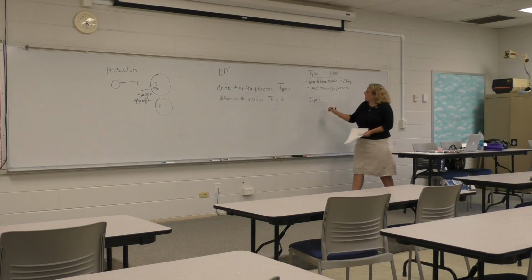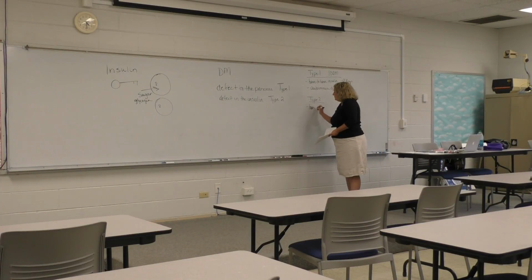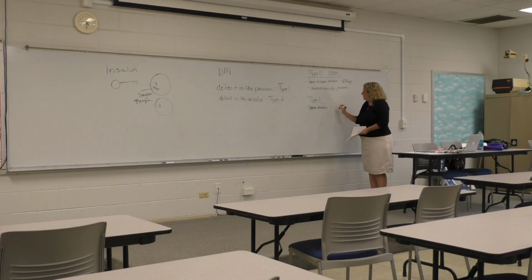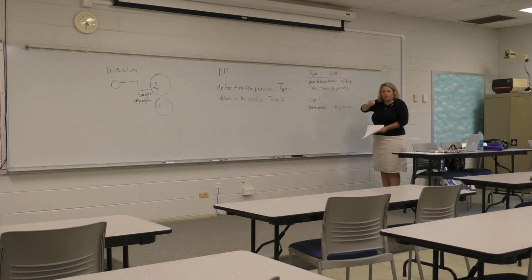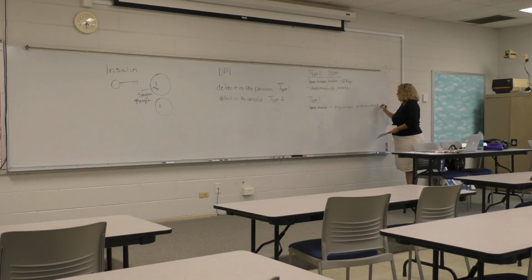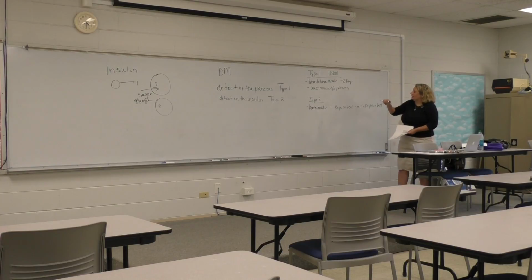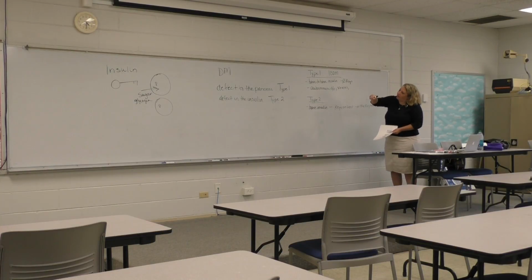So, type 2, they have insulin, but either their keys are bent, and it's hard to get into the door, or the keyhole is bent. So either it's hard to get in, or you've got the insulin and you can't fit it in the keyhole just right.